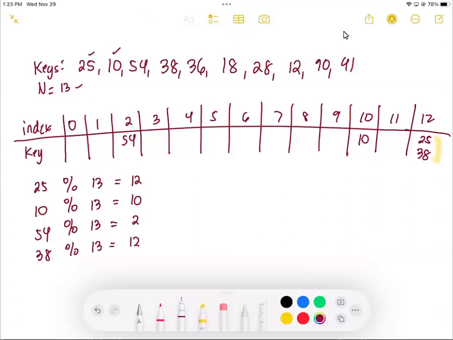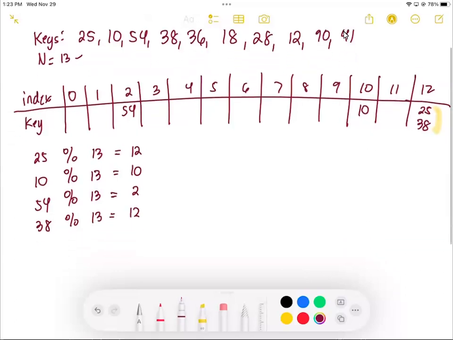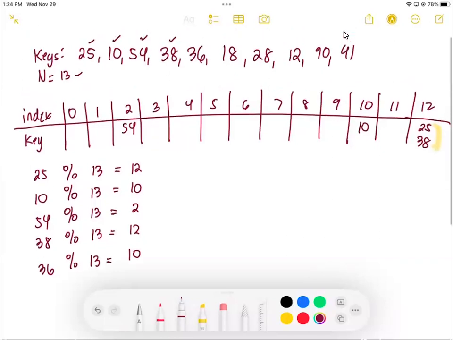Next we have 36. 36 modulo 13 is equal to 10. So we have another collision here. So we add 36 in the 10th bucket. Another collision there.